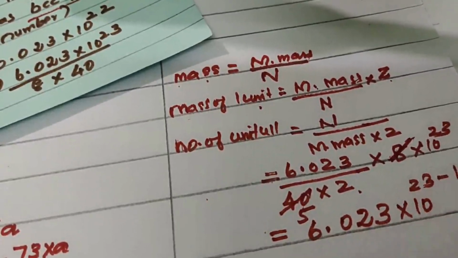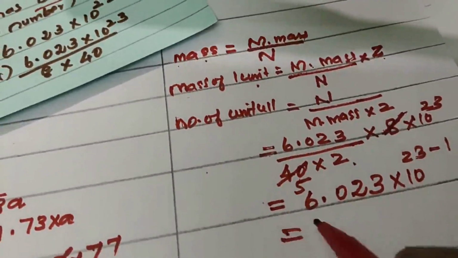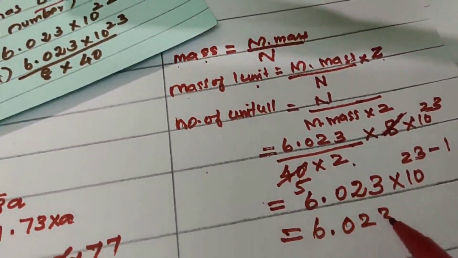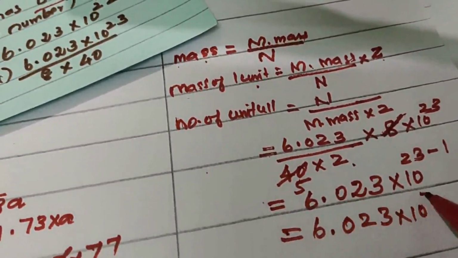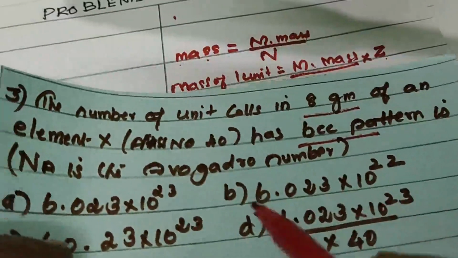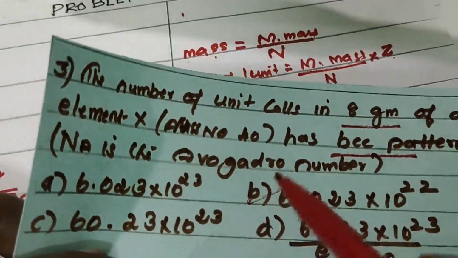So the answer is 6.023 into 10 raised to 22. So which option is correct? Option B is the correct option.